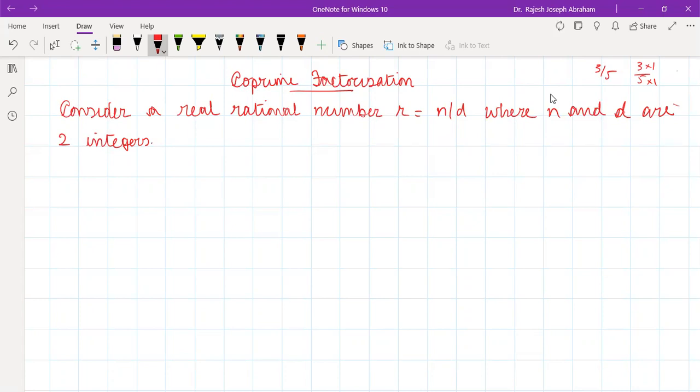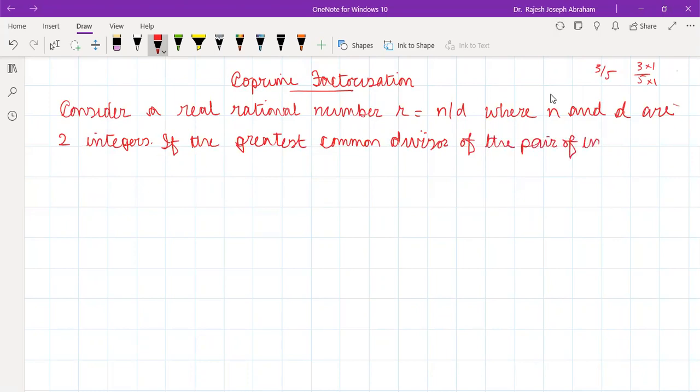If the greatest common divisor of the pair of integers d comma n is 1, then d and n are said to be co-prime.